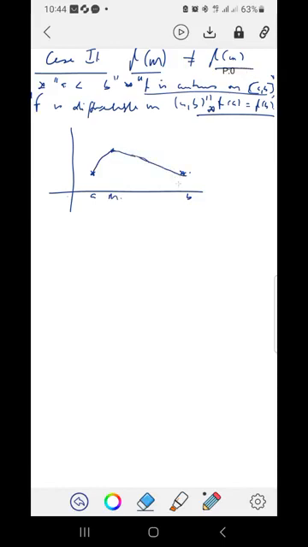Well, it's not impossible for F at little m to be smaller than F at a, meaning we can actually have a curve like that, where this one will be big M, and this height here is going to be F of big M. So you can't be asking me, well, where is my little m?